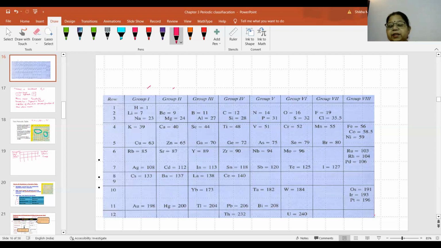Now the period numbering is not very clear to anyone. He has divided each period into two subgroups, A and B. As you can see, lithium is subgroup A, sodium is subgroup B, right? Beryllium subgroup 2, magnesium subgroup 2. Is it making sense to you or not?